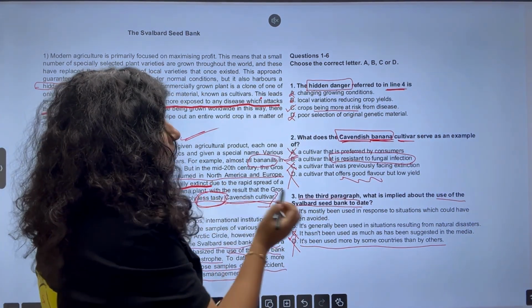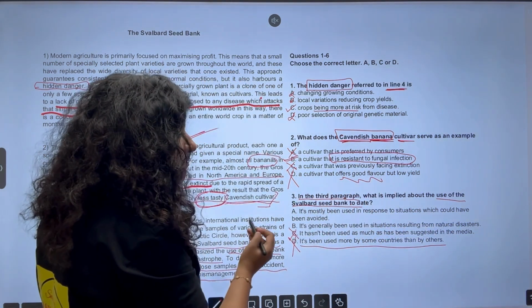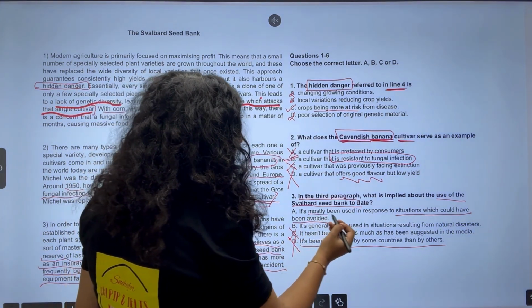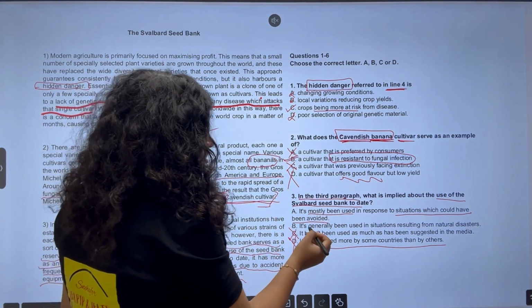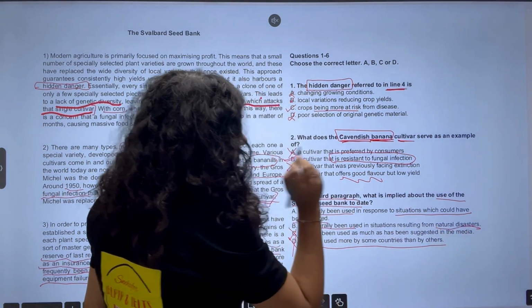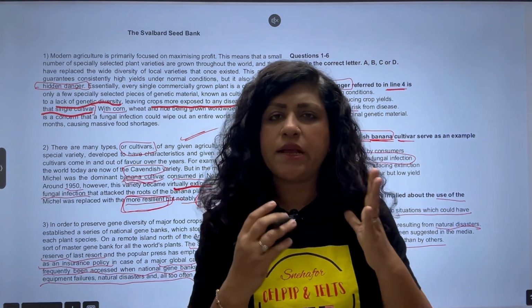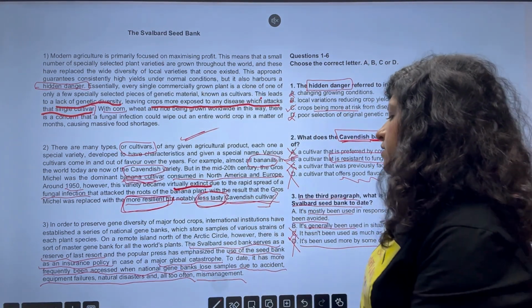Option number A, mostly being used in response to situations which could have been avoided. Situations that could have been avoided, mostly used. These are the keywords of options. B says, generally being used in situations resulting from natural disasters. So both of the statements are there in my paragraph. Now I have to pick the correct one out of these two. So I come back to my paragraph.